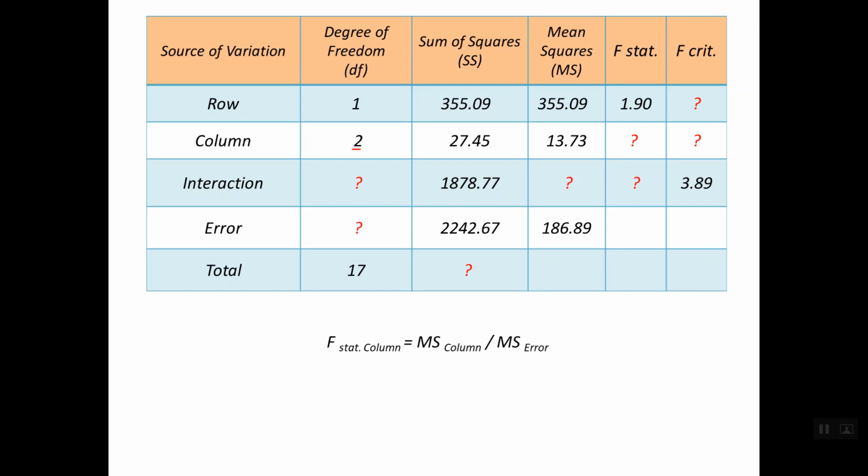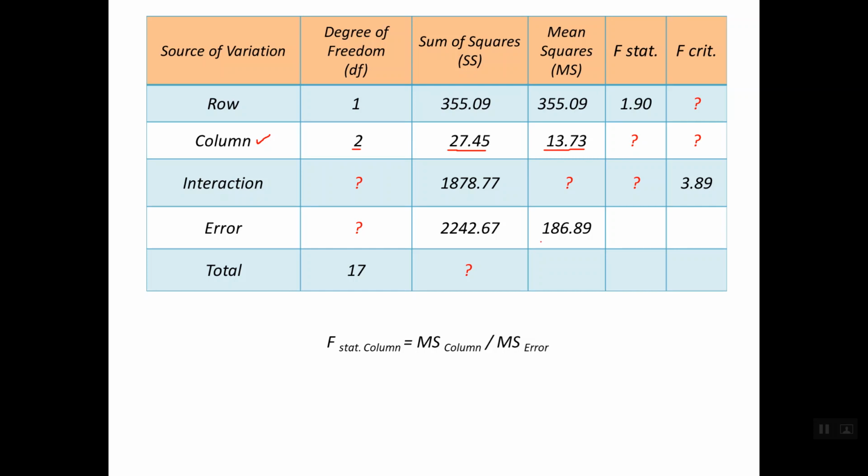And again, for the second factor, the degree of freedom is known, the SS is known, the MS is known, but the value of the statistic F is missing.